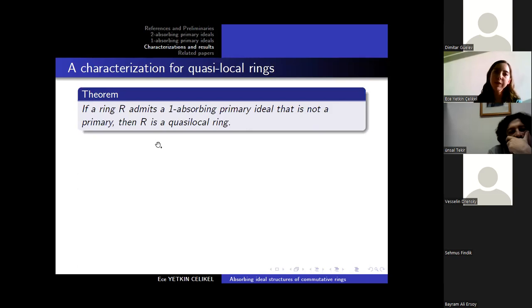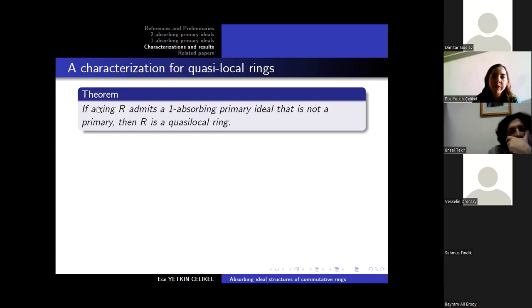For the rest of the presentation, I want to show you some characterizations of one absorbing primary and two absorbing primary ideals in some special rings. And also, I will show you that we can characterize the whole ring by just looking at these types of ideals.